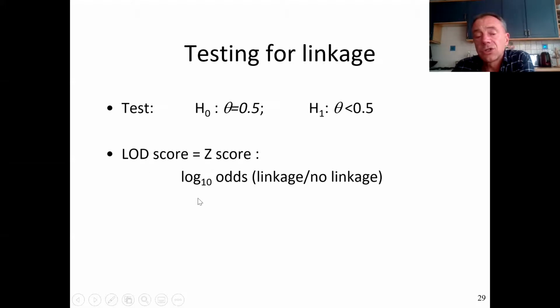And we're going to take the logarithm base 10, which will make it more convenient to deal with, so we're not dealing with big numbers. A modern statistician would have taken the natural logarithm of the likelihood. But we're taking log base 10, and to remind everybody, the log of a number base 10 is the power to which you would have to raise 10 in order to get that number.